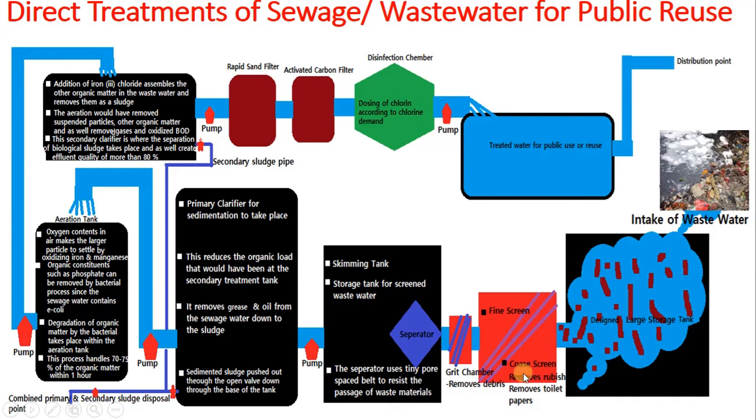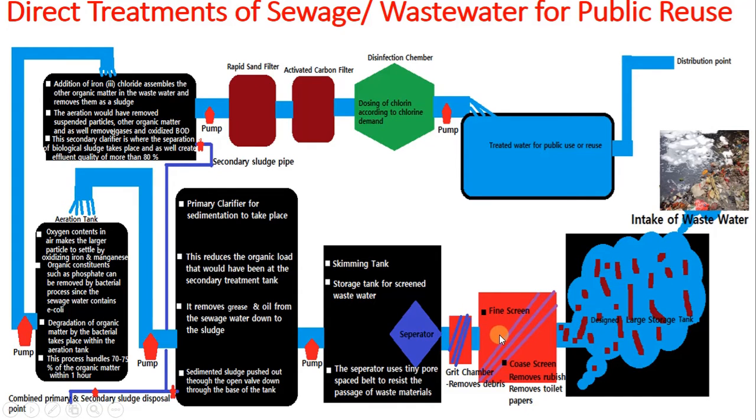We have a coarse screen that removes larger rubbish as well as large toilet papers. From here, it will move into a fine screen that removes other finer rubbish and toilet tissues.